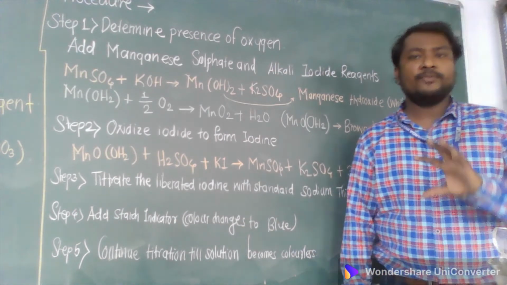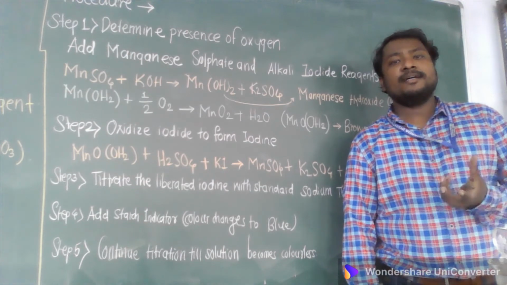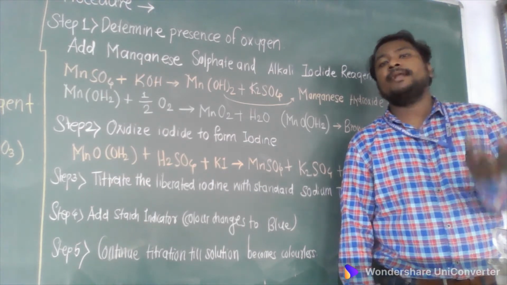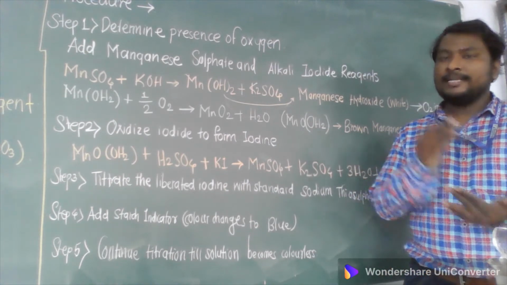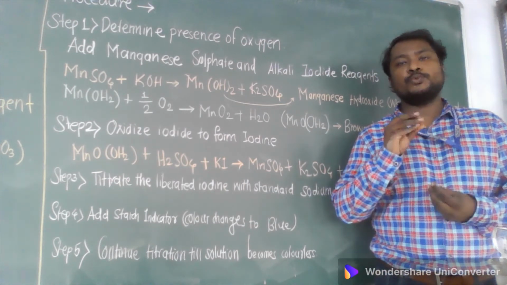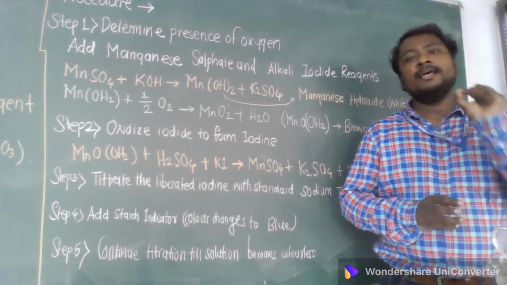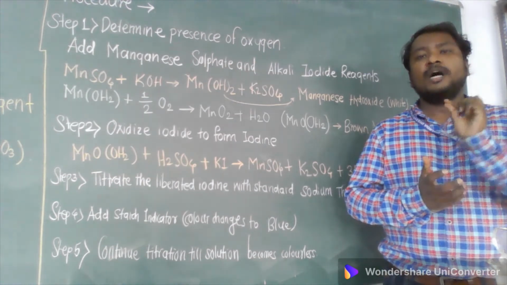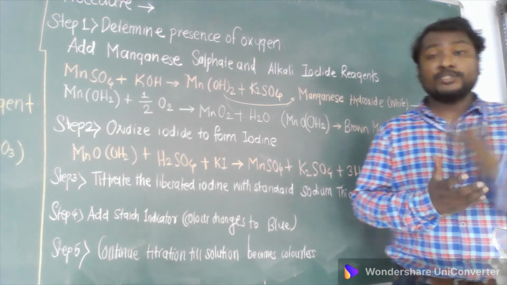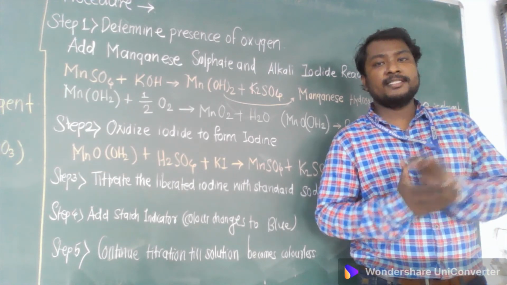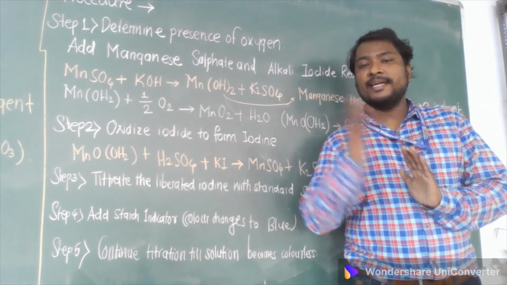Iodine has been liberated, we have titrated that liberated iodine with sodium thiosulfate, and the end point which we achieve is directly proportional to the amount of dissolved oxygen present in the sample.